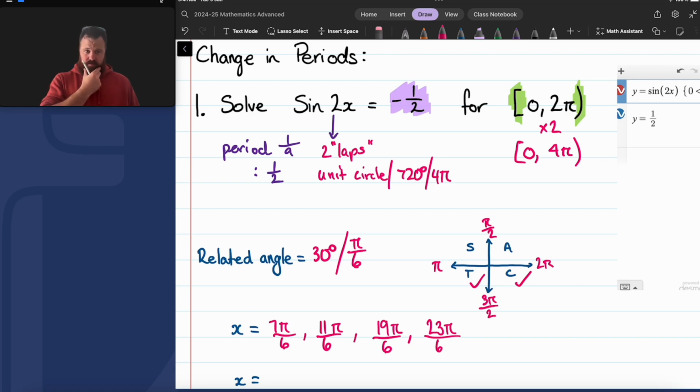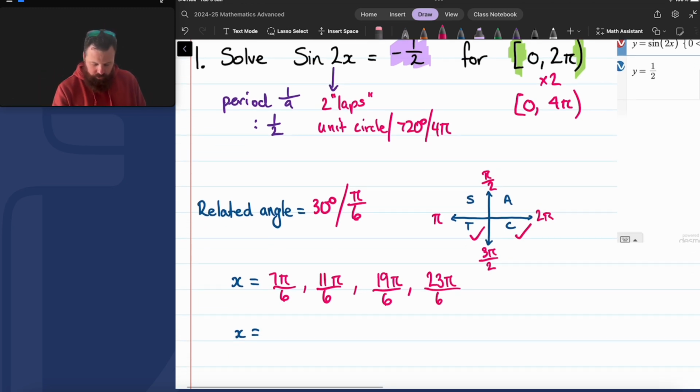A handy thing to do, just in case, because we've done something with our domain, which is now extended to 4 pi, and we've done something with our period, is to chuck a few extra solutions in there, because they're just repeats of each other, just to make sure we're not missing anything. So the next solution is going to be 2 pi after 19 pi on 6.